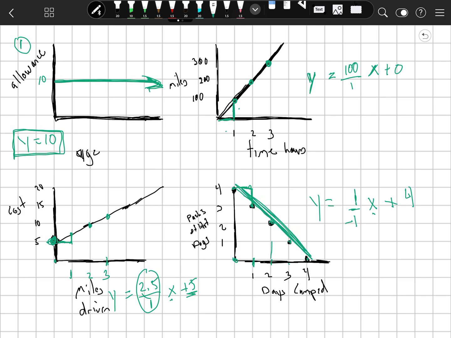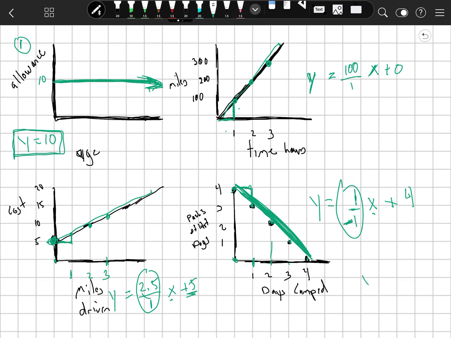So notice the difference in this last one is we have a negative for the slope, so it's going downhill. The middle two, we had a positive for the slope, so it was going uphill. And then the first one we had, there was no slope, there was just a y-intercept, so it's going horizontally. So these are all examples of linear equations.